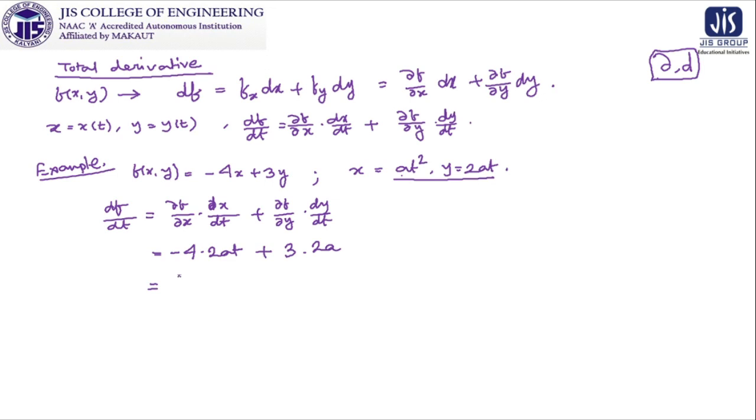So simplifying, we can write it as minus 8at plus 6a. Okay, because dx dt here is 2at by single variable differentiation with respect to t. Similarly dy dt is equal to 2a.